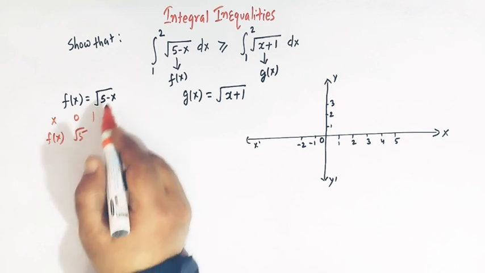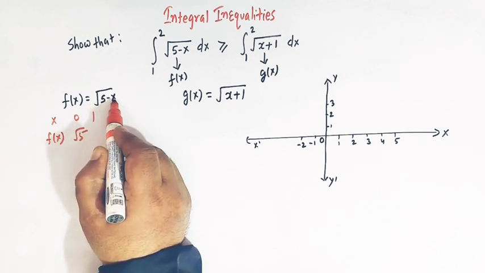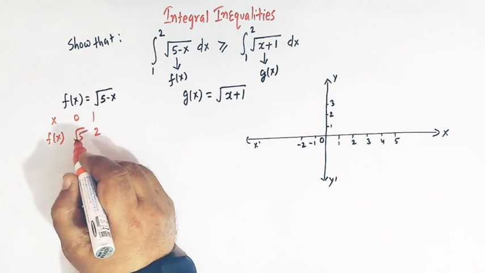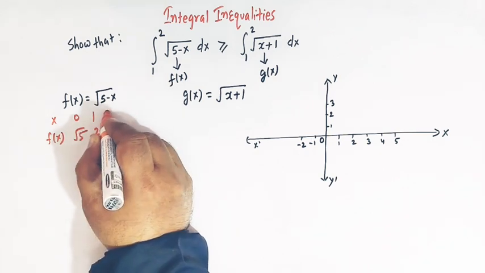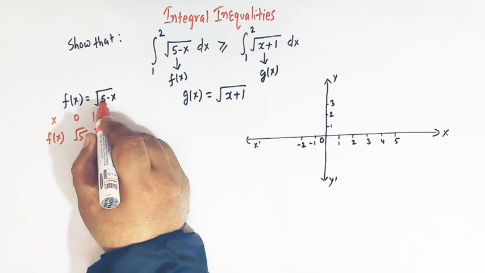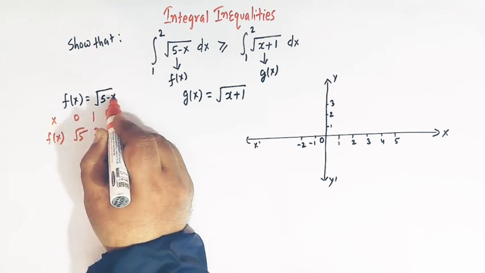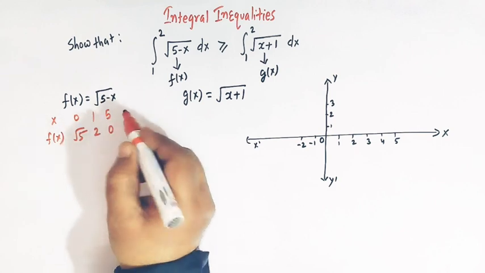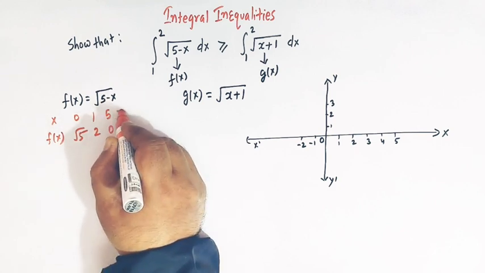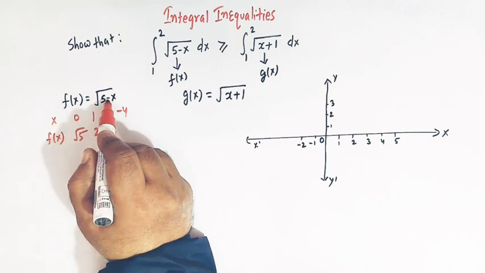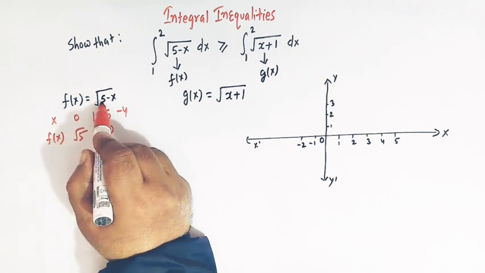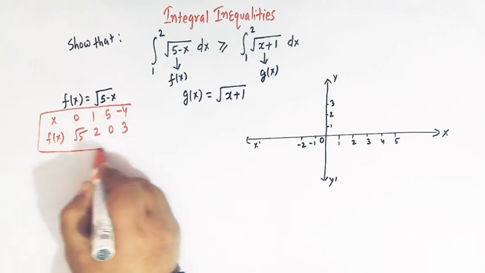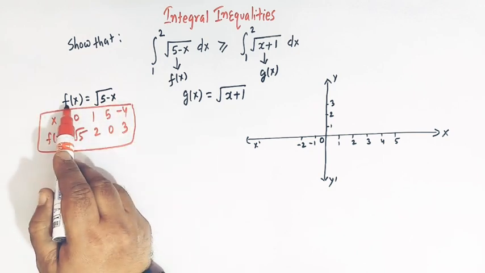Then take 1: 5 minus 1 is 4, square root of 4 is 2. Then take 5: 5 minus 5 is 0, so f of x is 0. And take minus 4: 5 plus 4 is 9, so square root of 9 is 3. So here we have the table for f of x.